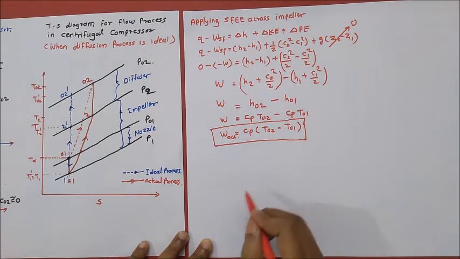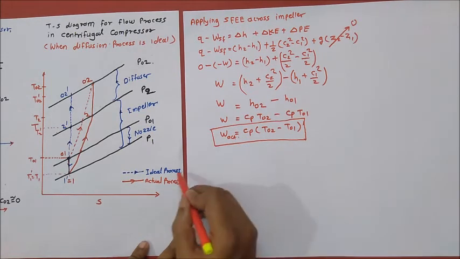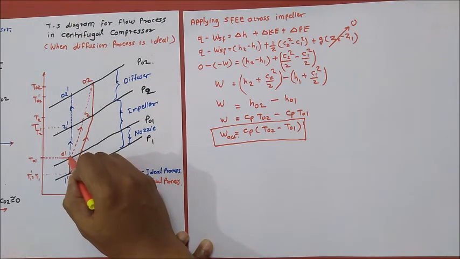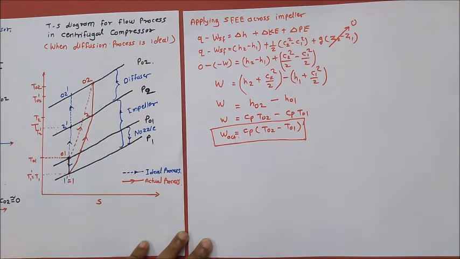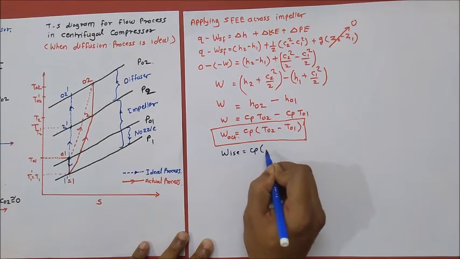Now similar to this, if we consider the ideal or isentropic process, then ideal or isentropic states are 01 and 02 dash, and therefore isentropic work can be written as Cp in bracket.